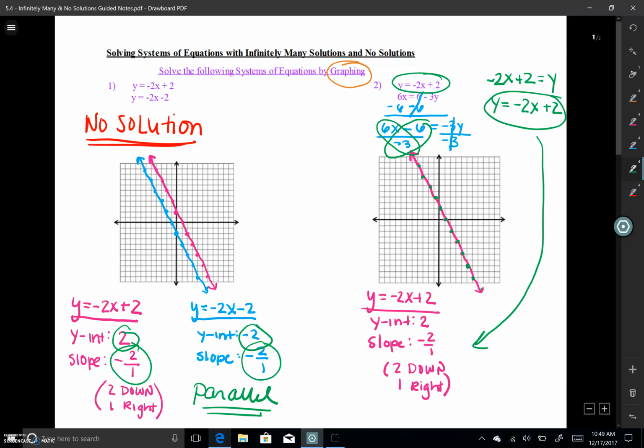As a matter of fact, it's the exact same line. So if my solutions are supposed to be points of intersection, then that means every single point on each of these two lines is a point of intersection. So as opposed to having one solution or no solutions, for example 2, I'm working with an example that has infinitely many solutions.